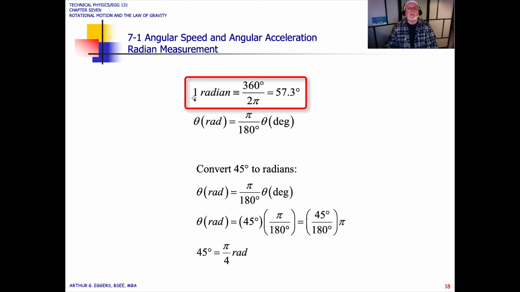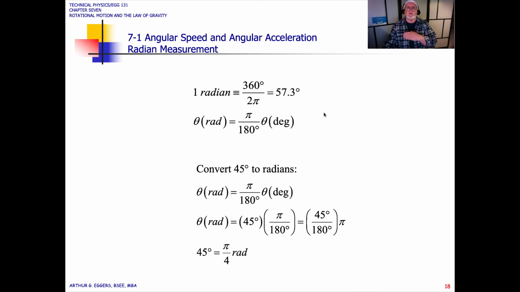We've already seen that 1 radian is defined as 360 degrees divided by 2 pi. When we divide 2 pi into 360, we get 57.3 degrees. So now we have a new value for 1 radian, 57.3.